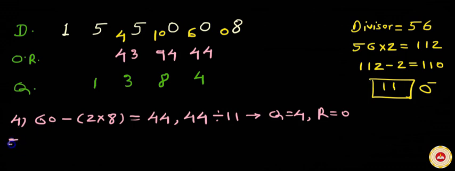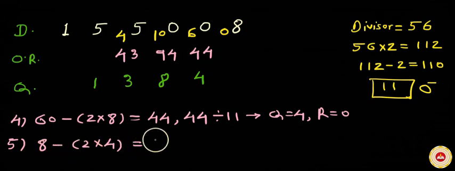Now step number 5. In step number 5, we will calculate the last osculation number, and we will write that below the last digit in the dividend. So 8, see this 8, read this as 8. 8 minus 2 times the last quotient digit, which is 4, which gives us 8 minus 2 4s are 8.